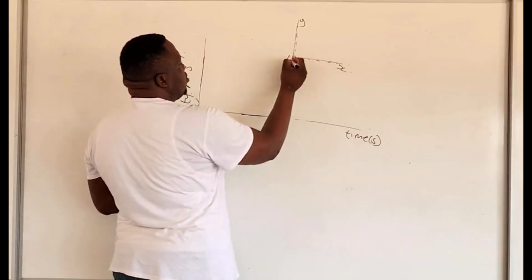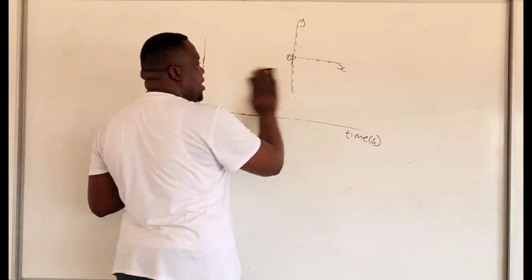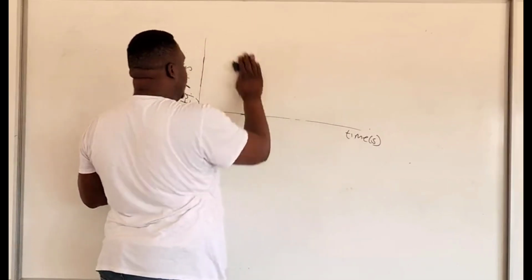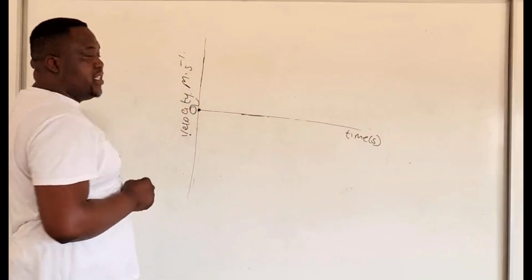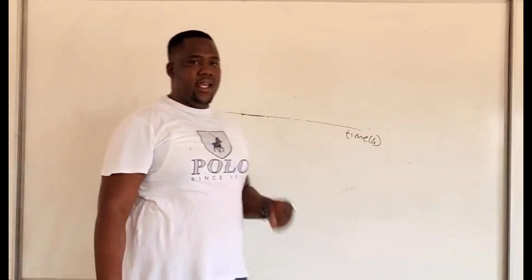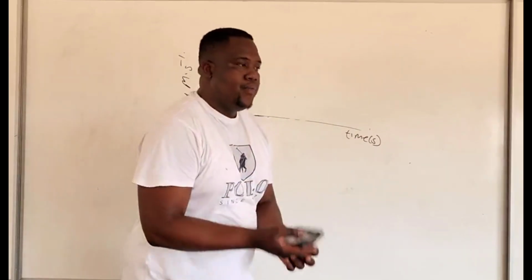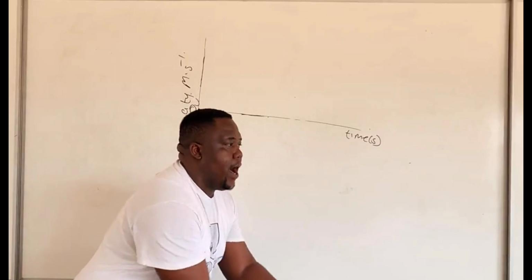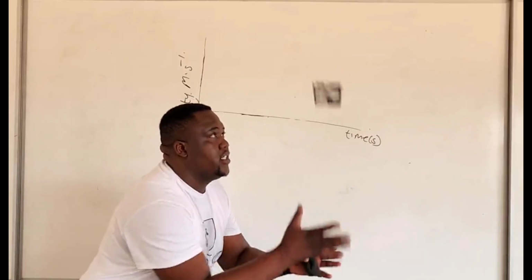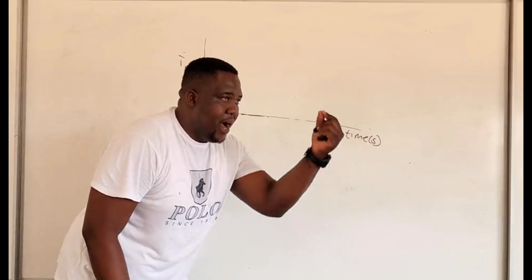Then this one is our 0. So notice that this is the normal Cartesian plane that we know from mathematics, except that we eliminated this other part, so this is 0. So what am I saying? I'm saying that as the object is moving up, its velocity is decreasing.